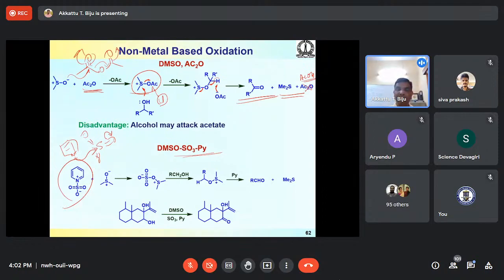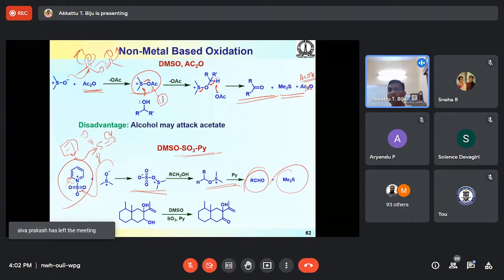If we mix DMSO with that, it can add through the oxygen to the sulfur, eliminating the pyridinium species. You get this reagent, and again the alcohol can add in the typical normal process to form the aldehyde and dimethyl sulfide. So it is just a variant of the Pfitzner-Moffatt or acetic anhydride combination along with DMSO.